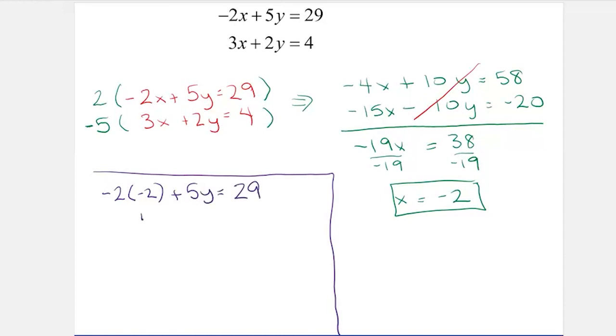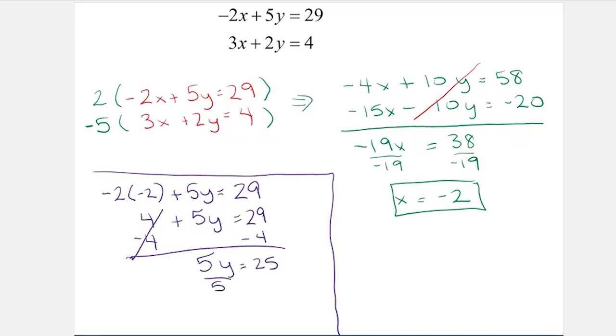This becomes 4 plus 5y equals 29. I subtract 4 from both sides. This cancels, and I get 5y equals 25. Divide both sides by 5, and I get y equals 5. So again, I get the same ordered pair, minus 2, 5.